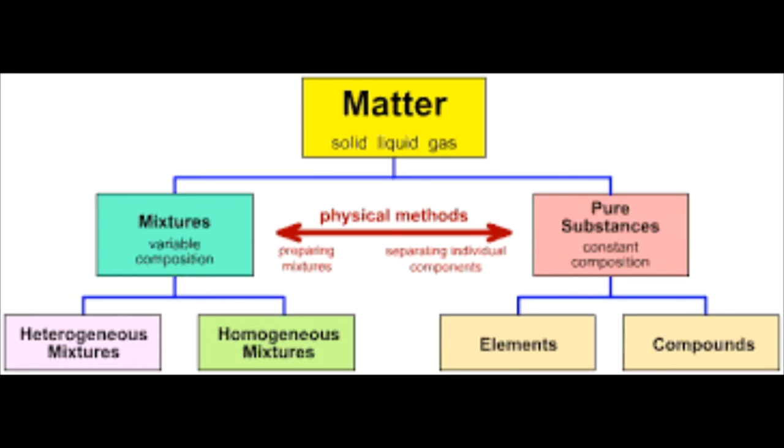In the case of elements, there is only one kind of particle, called an atom. Examples are xenon, krypton, iron, oxygen, ozone, anything that contains a single kind of atom.